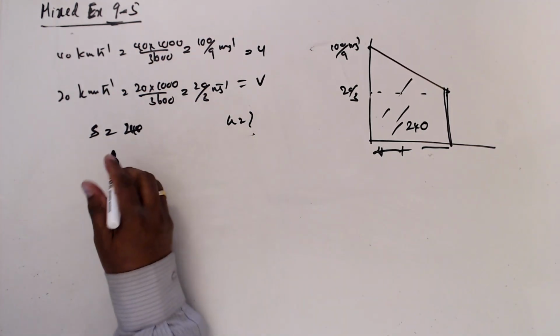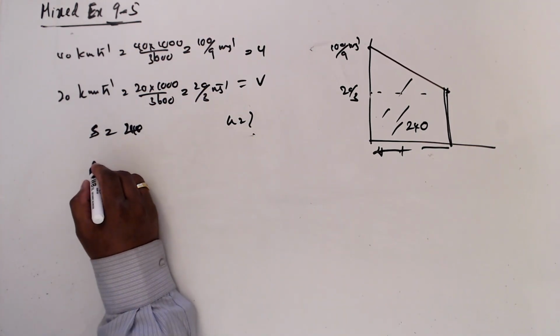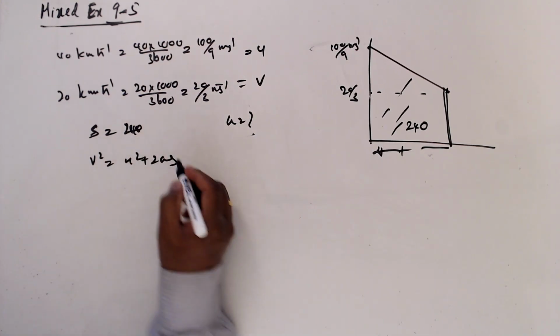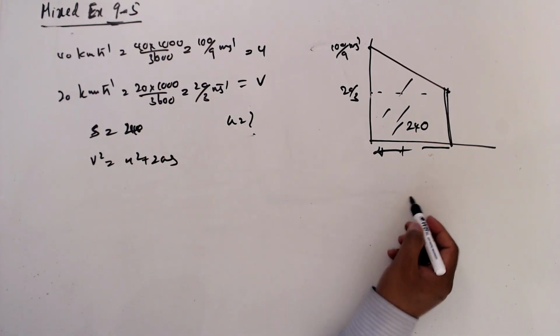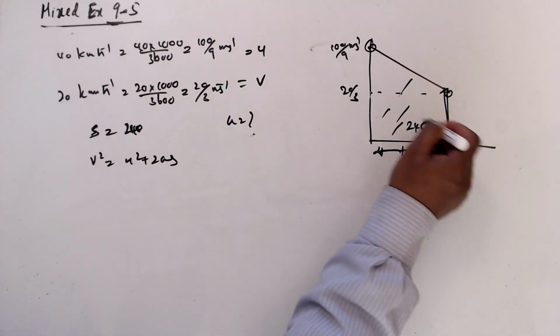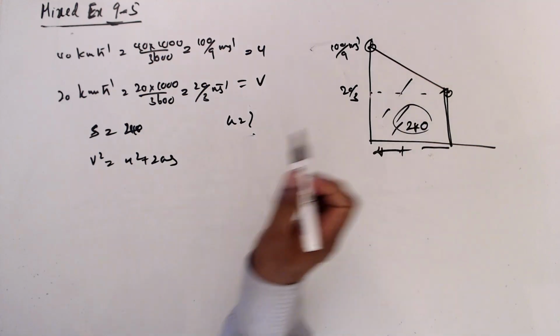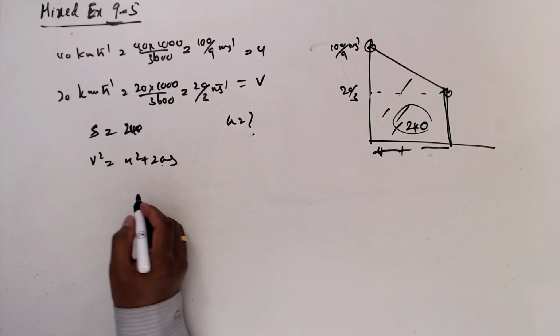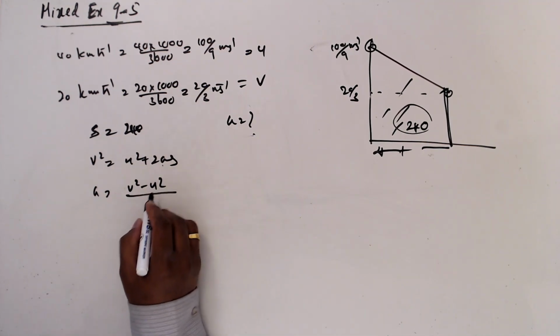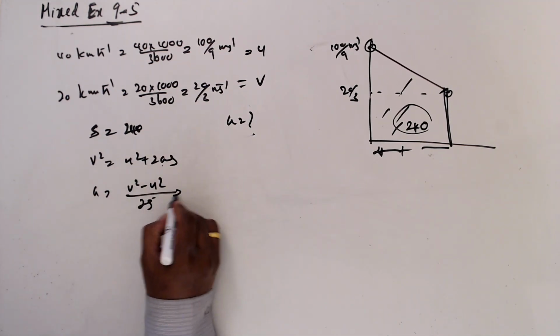The equation we can apply is v squared equals u squared plus 2as, because we have the starting velocity, the ending velocity, and the distance given, and then we need the acceleration. We can take a equals (v squared minus u squared) divided by 2s.